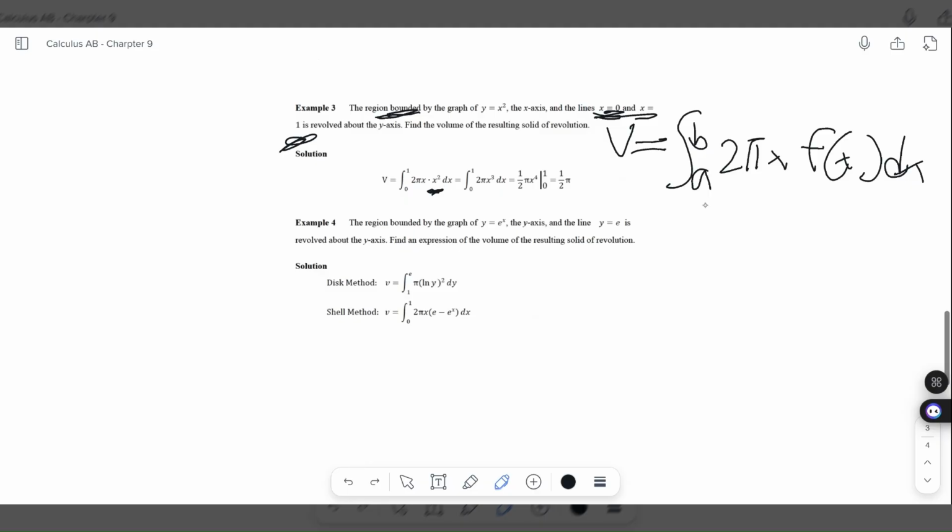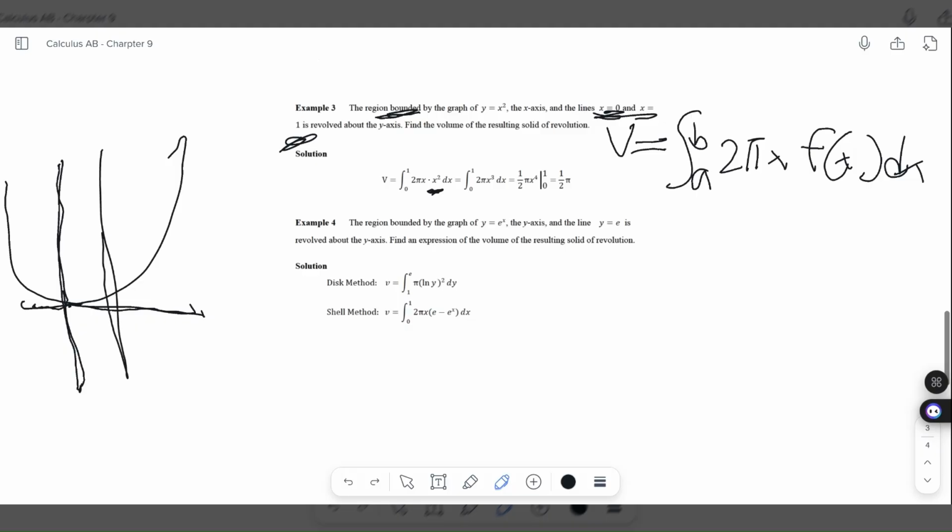Because let's say you draw a graph. Okay, let's do it over here. X squared is this. The y-axis is here. X equals 0, and then x equals 1 is right here. Oh no, it does say the x-axis.